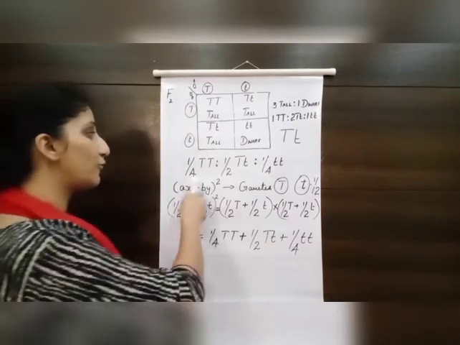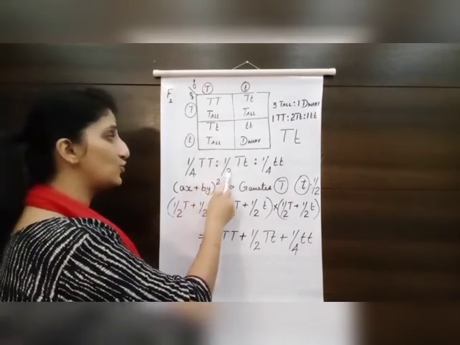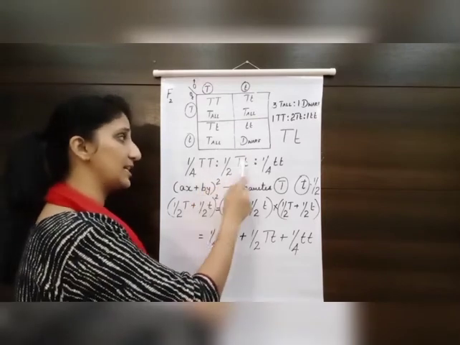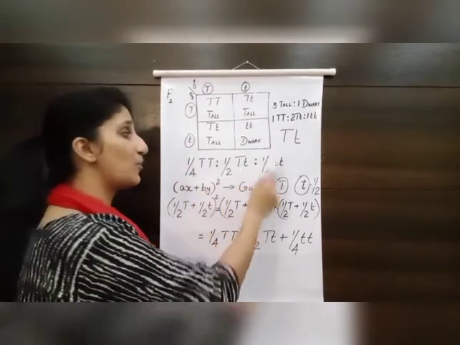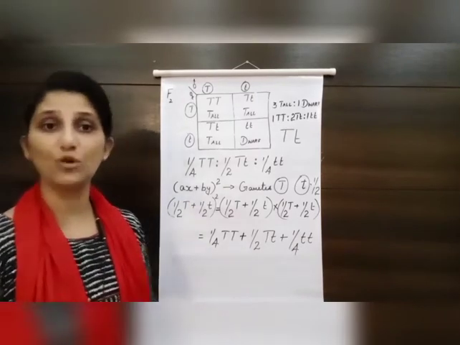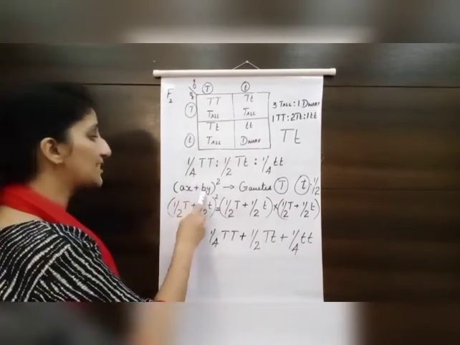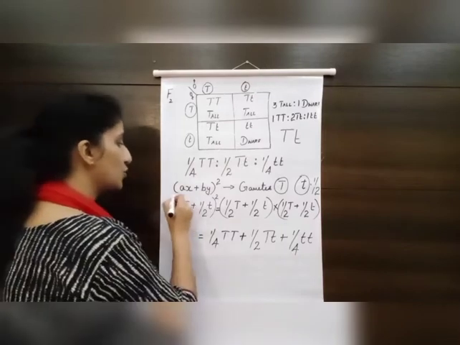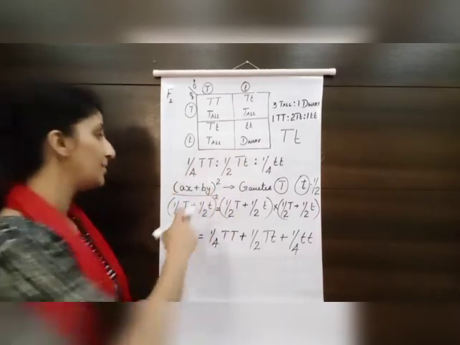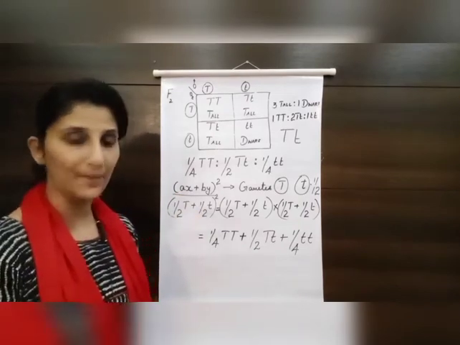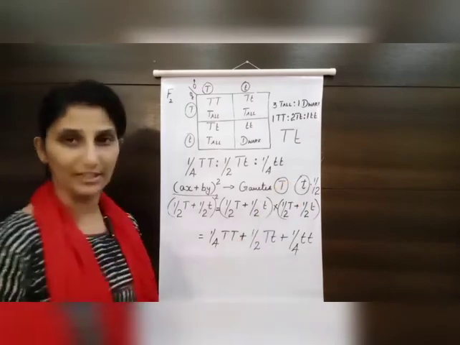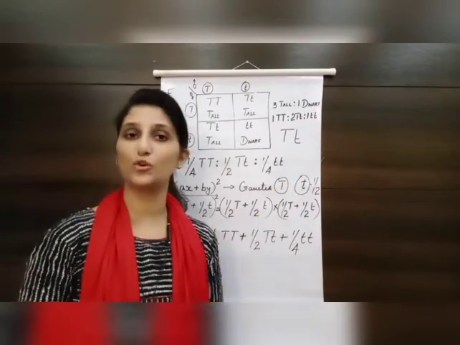The ratio 1/4 to 1/2 to 1/4 of the genotypes TT, Tt, and tt is mathematically condensable into a binomial expression (ax + by) the whole square, in which the gametes carrying the alleles T and t are present in equal proportion, that is half.